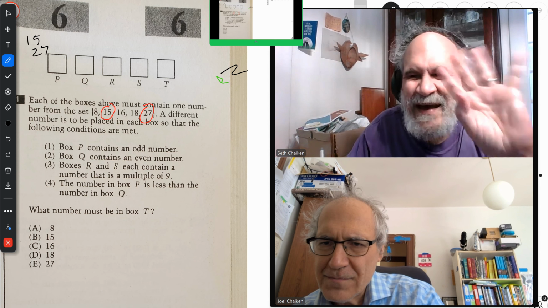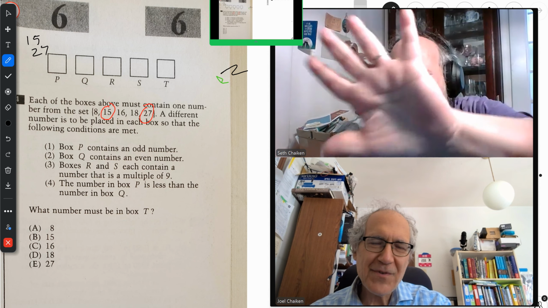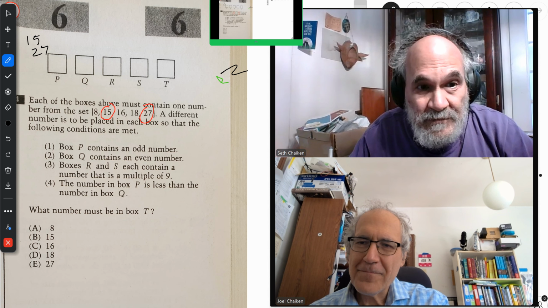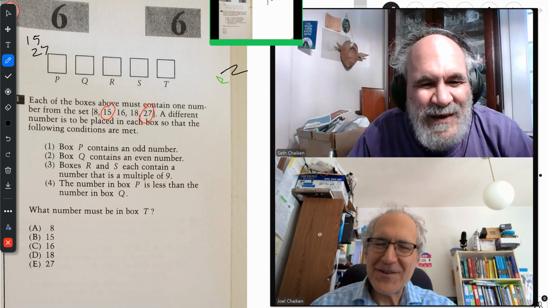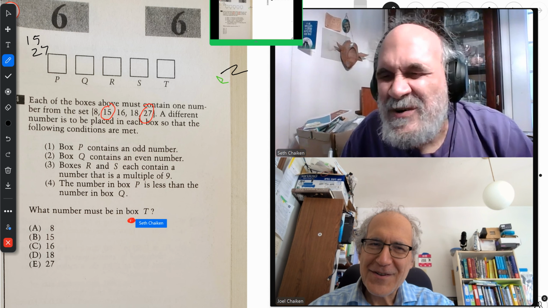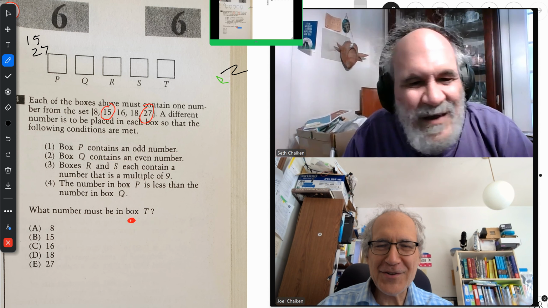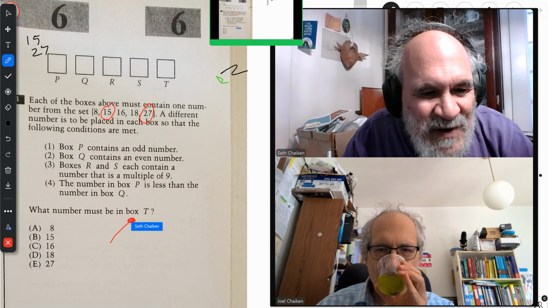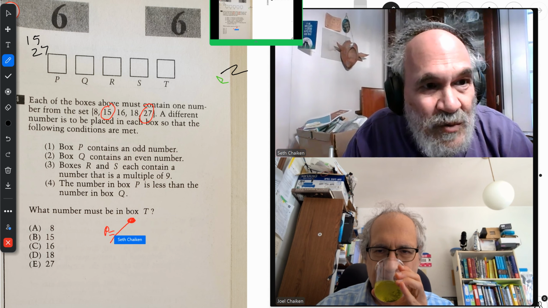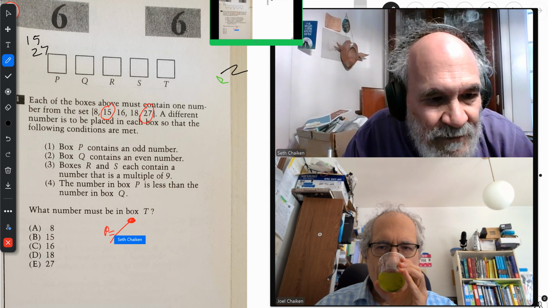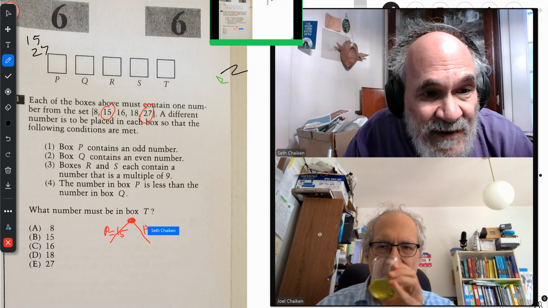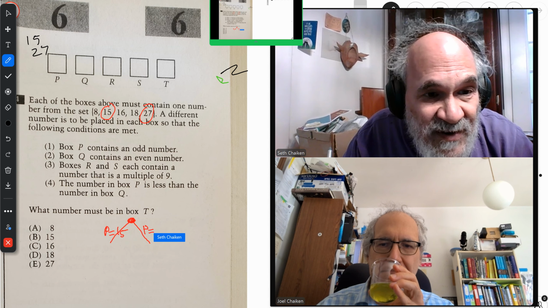Let's draw a decision tree. One possibility is to make P equal to 15. The other possibility is to make P equal to 27.